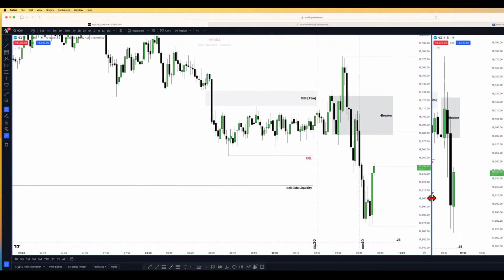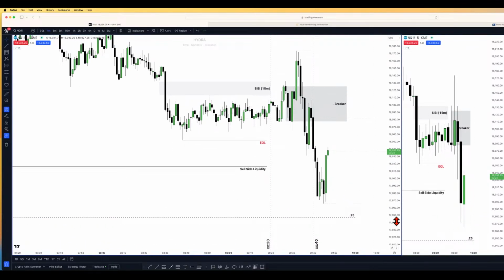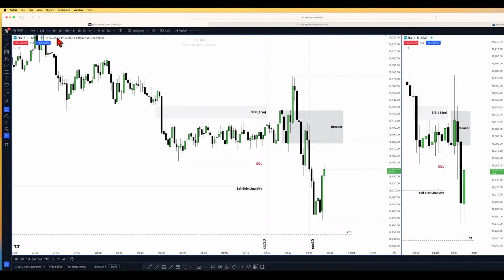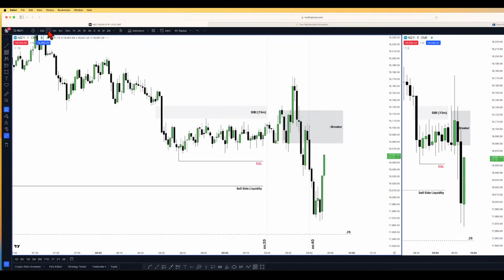Okay, let me see if I can secure some profit now, because price seems like reversing. Let me check on higher time frame inversion. Nope. Nothing on higher time frame.